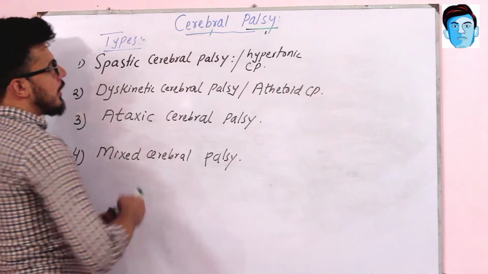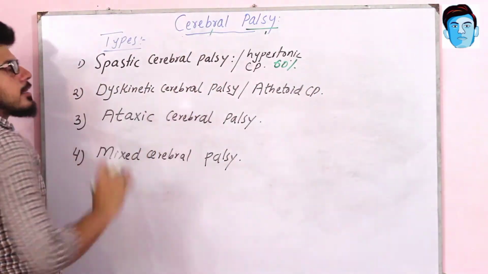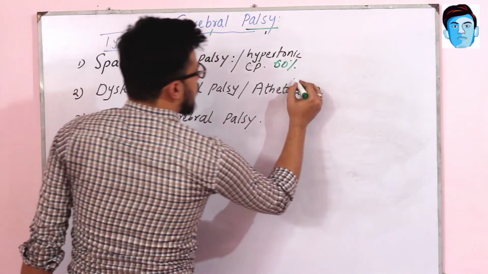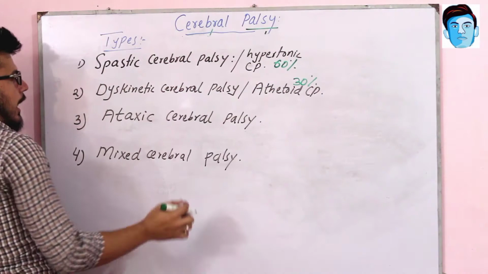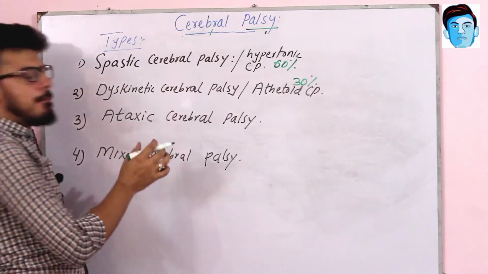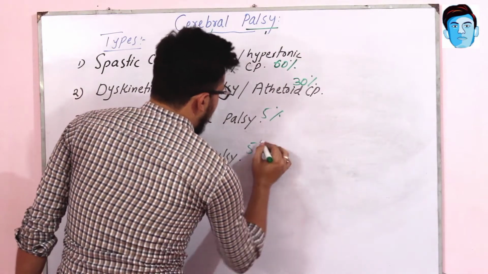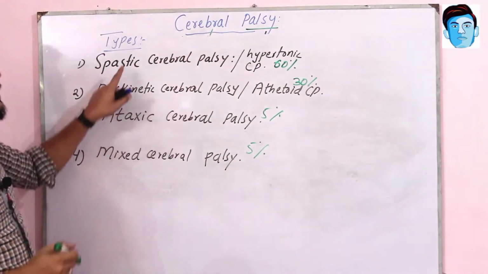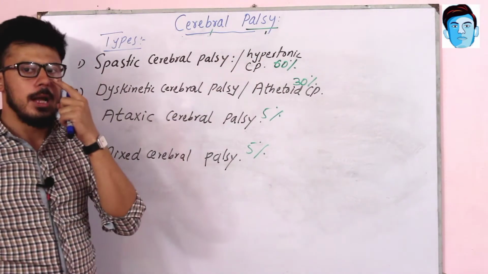Usually it contributes 60%, while dyskinetic cerebral palsy contributes 30%, while the remaining 5% are ataxic cerebral palsy and mixed type. So which is the most common type of cerebral palsy? That is spastic cerebral palsy, which is also called hypertonic cerebral palsy.